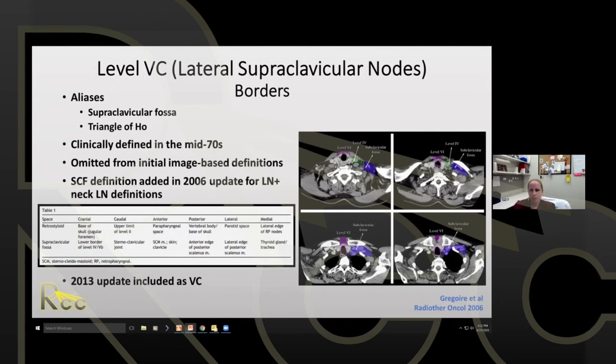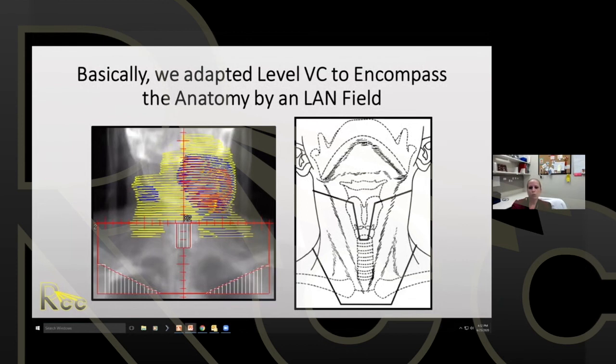The reason for this is if you were a purist and contouring just what was specifically described on the CT-based anatomy, when you would get down into the low neck, you would have very narrow contours that would hug this anterior belly of the sternocleidomastoid muscle.